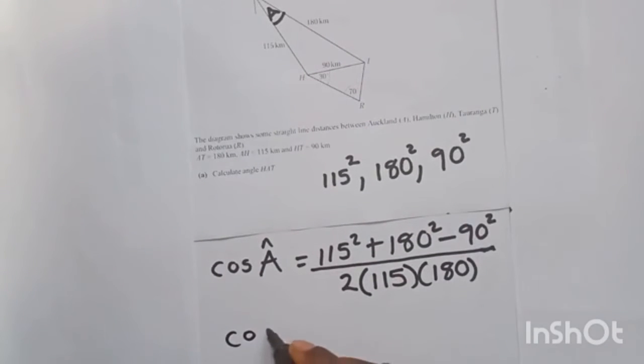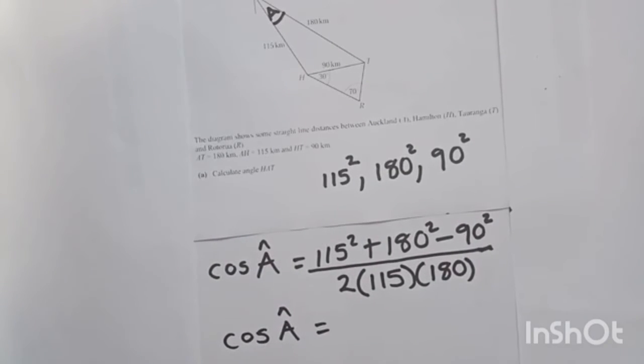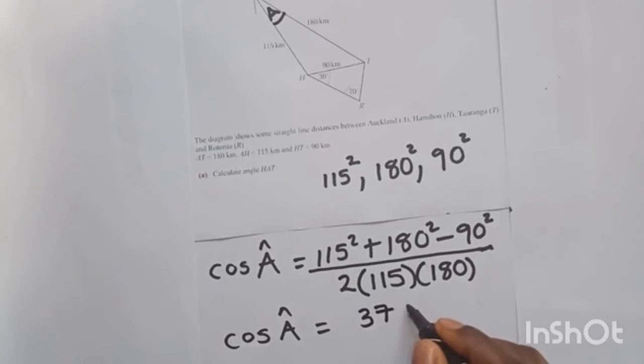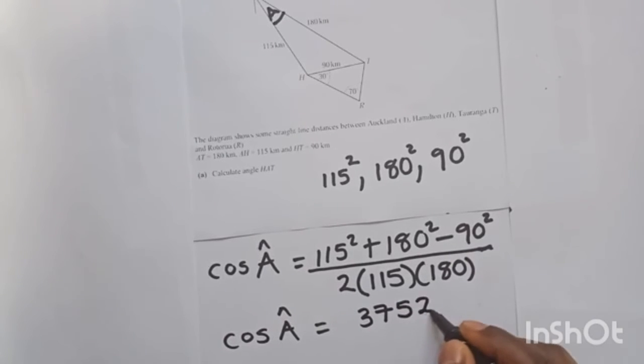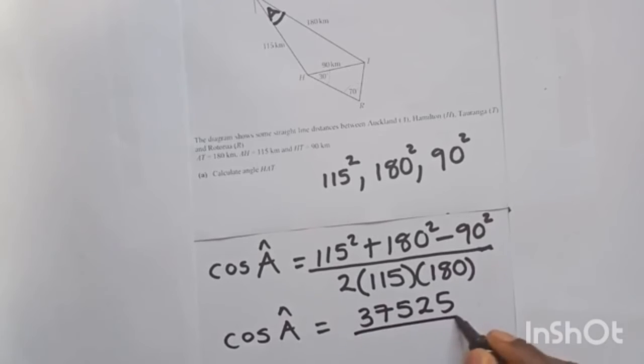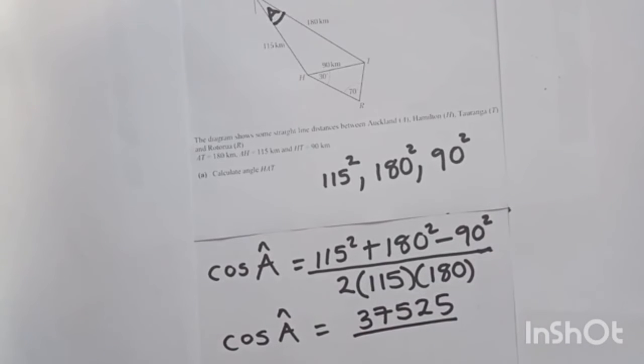Maintain cos A on your left side. So I'm going to punch 115 squared plus 180 squared minus 90 squared. You get 37,525 as your simplified numerator, right?